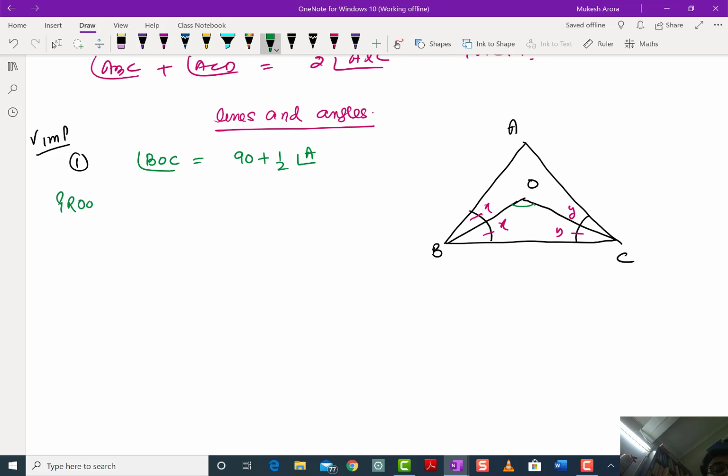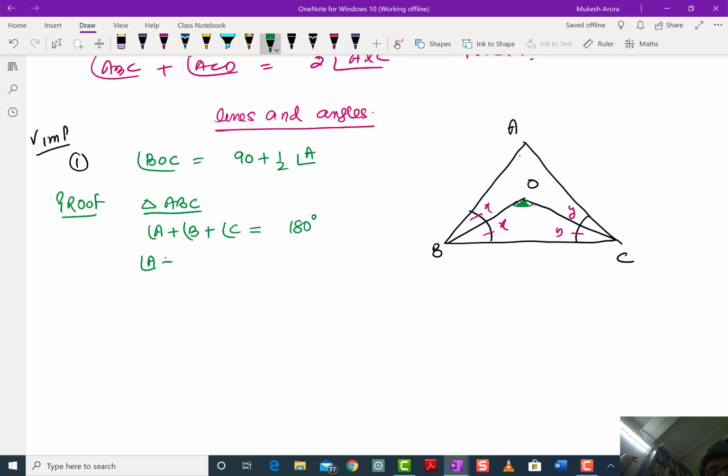So you have to go slow. You need angle BOC as well as angle A, which means both triangles are involved. First take triangle ABC. In triangle ABC, angle A plus angle B plus angle C is equal to 180.